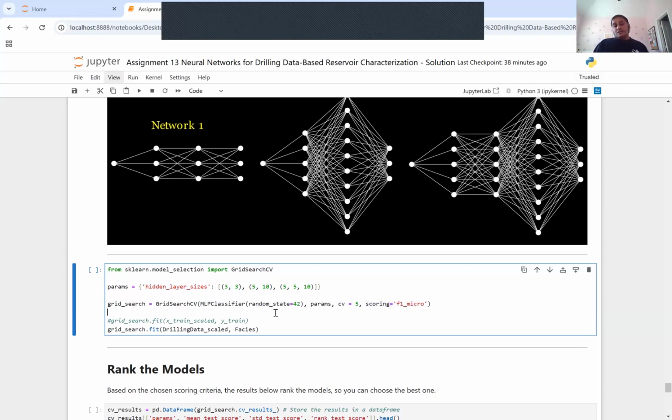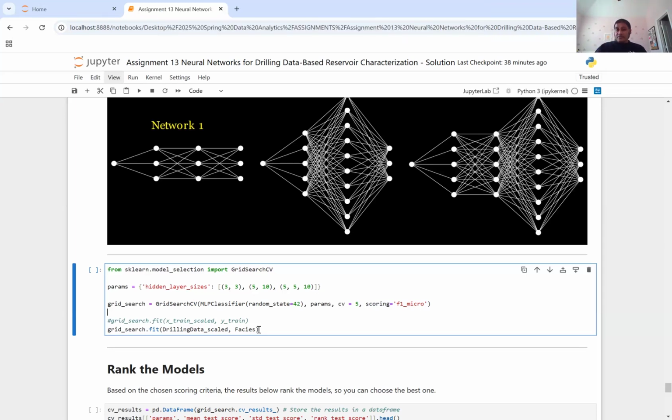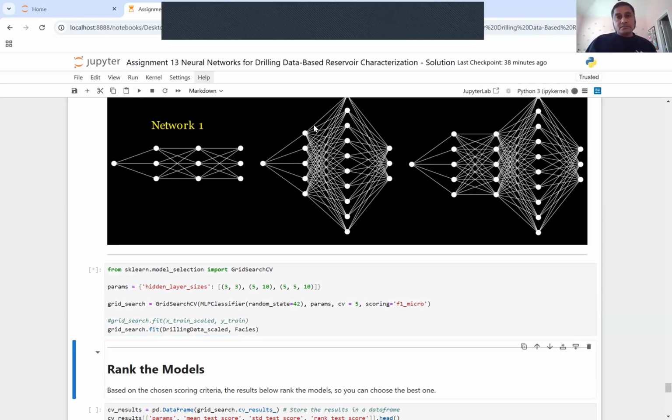And in this specific case, I'm going to run this on all of my data, on my entire data set. So this is going to take quite a bit of time because I have 3 different models and I have 5 different folds, which means that I'm going to be performing 15 different model fits. So we're going to run this, and we'd have to wait for a time to get some results.